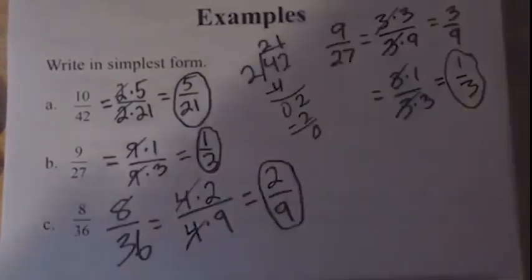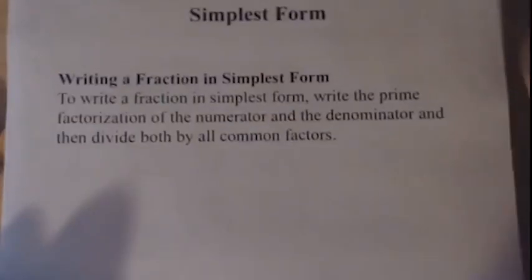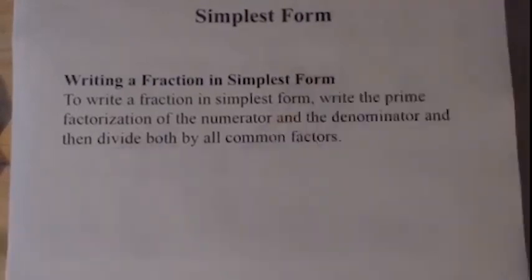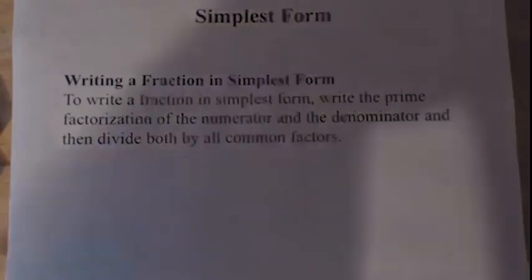This next method guarantees that we will get to simplest form without having to realize anything. And it's rewriting the numerator and the denominator with the prime factorization.